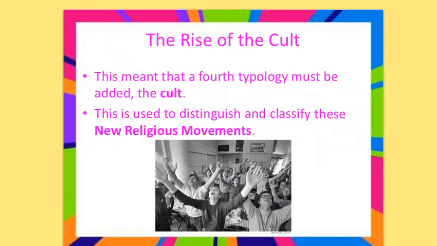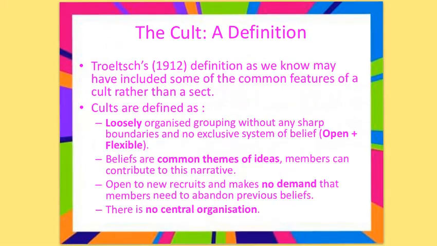This is to distinguish and classify these new religious movements that started to pop up in the 60s and 70s and categorize them as a sect or a cult. Each one of these is going to have very different understandings of what they are looking for in terms of the religious movement. Troeltsch's definition may have included some of the common features of a cult rather than a sect. So we're going to look at some of the definitions now.